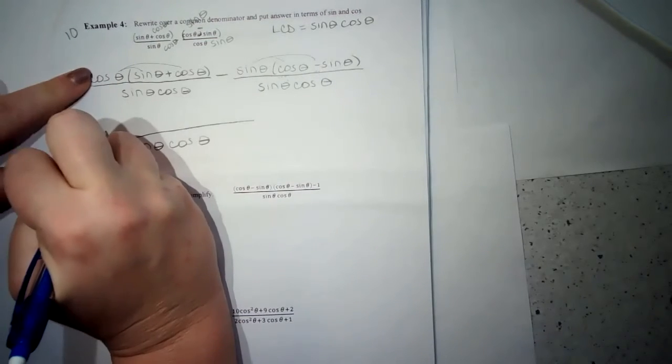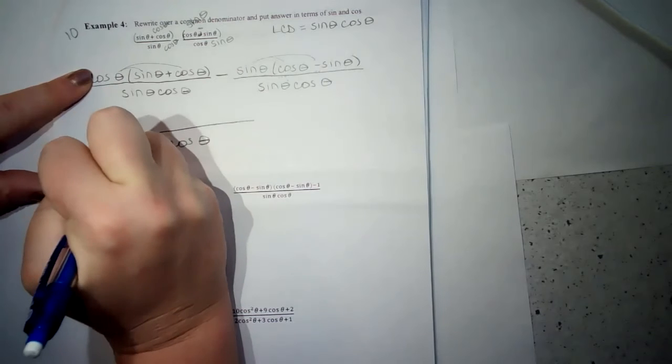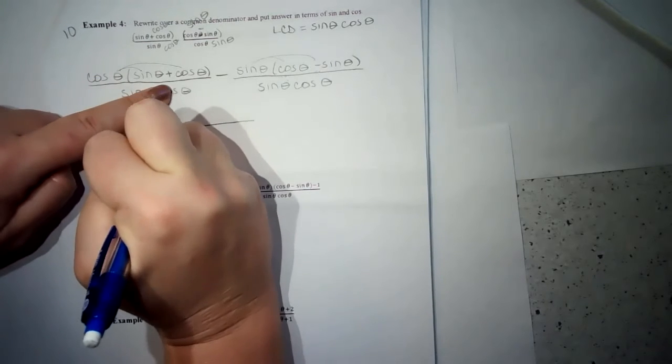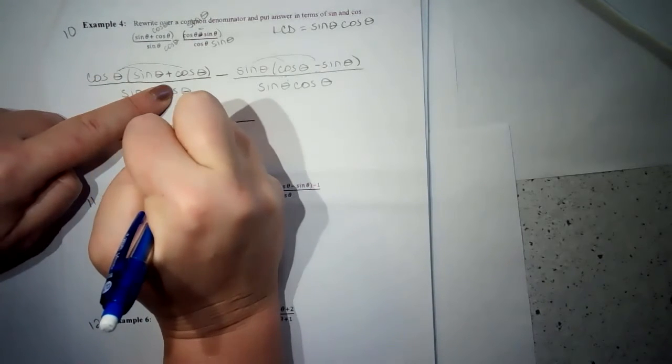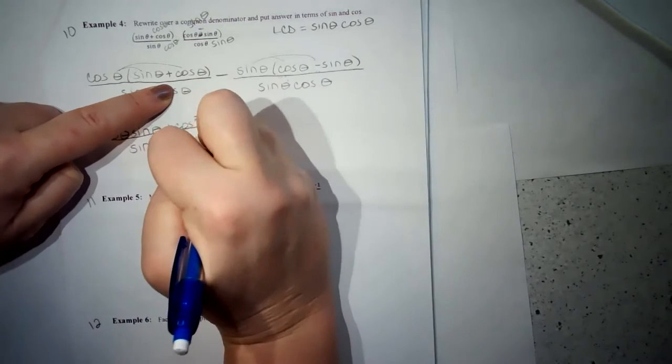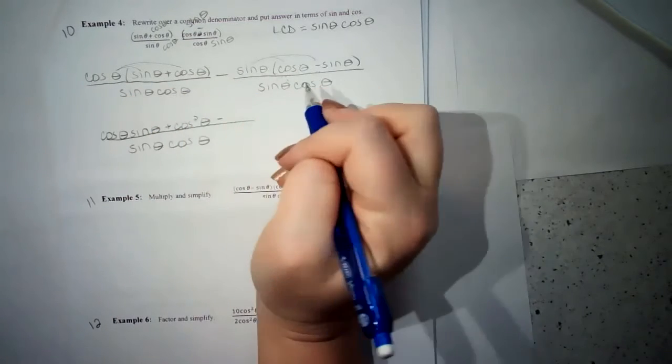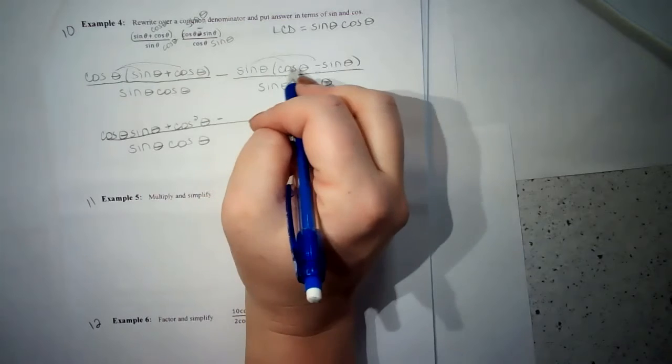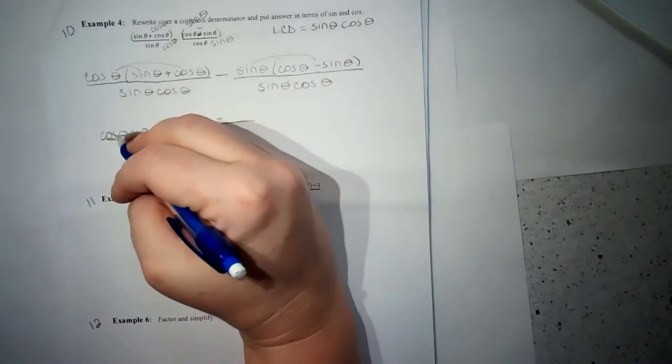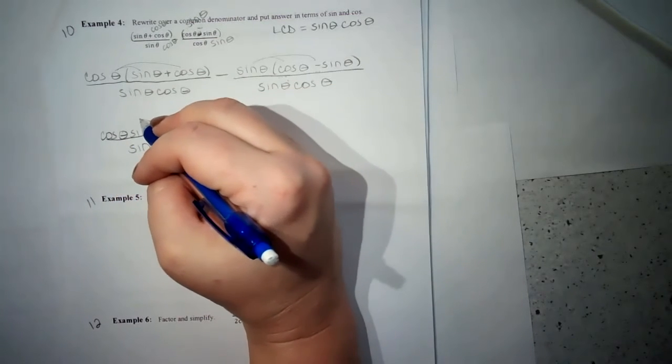So my numerator is going to become cosine theta sine theta plus cosine squared theta. That's from the first one that I distributed. Minus, now I could put sine theta cosine theta, but I can put it in any order I want. And look what this first term happened to be over here.